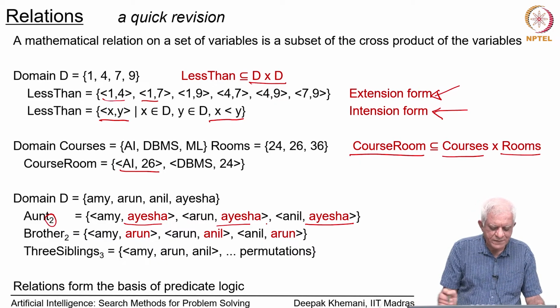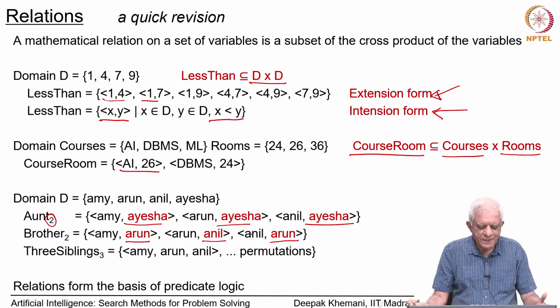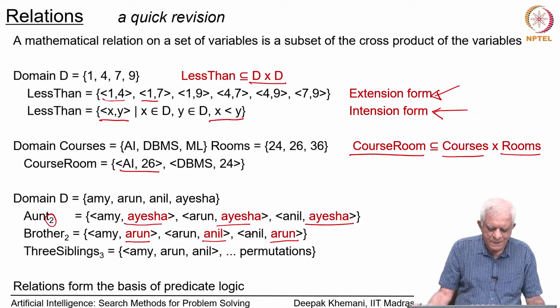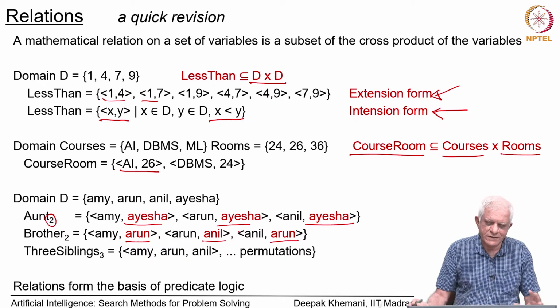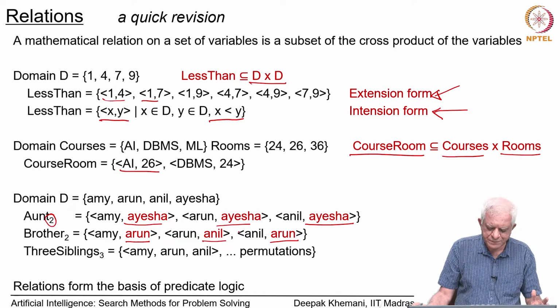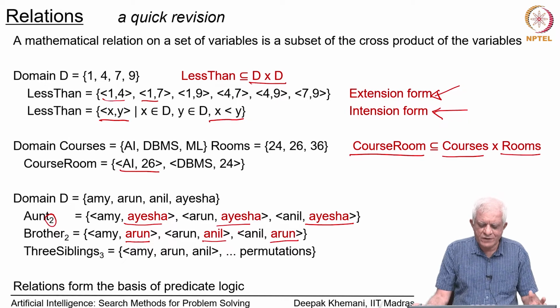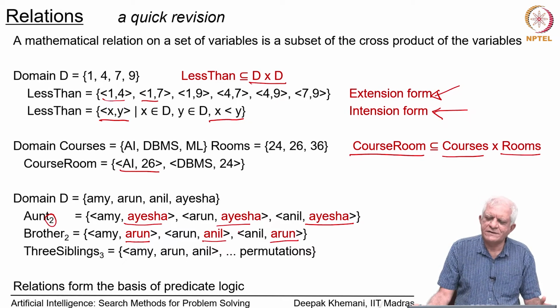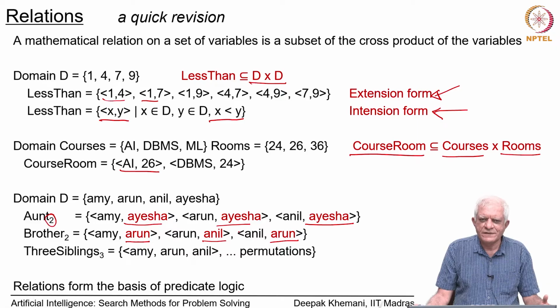Likewise, I have said here that Arun is the brother of Amy, Anil is the brother of Arun, and Arun is the brother of Anil essentially. We are talking about a small family here, but you will notice that we had to do this explicitly. We had to say that Arun is the brother of Anil and Anil is the brother of Arun essentially. If we had not done this, then we would have had to specify additional properties on relations, for example, that it is symmetric and so on and so forth.